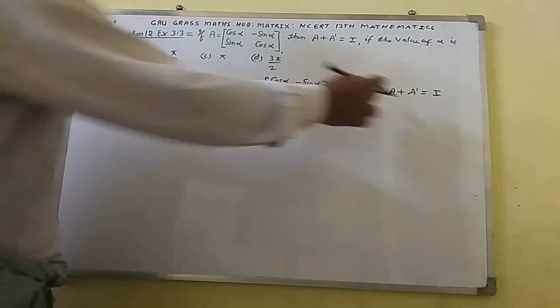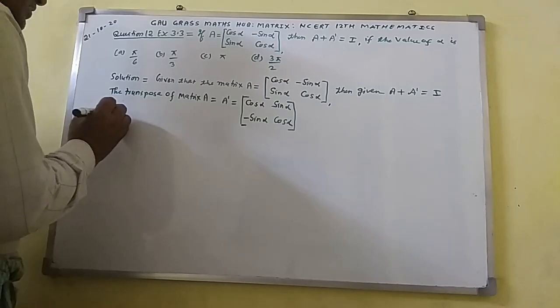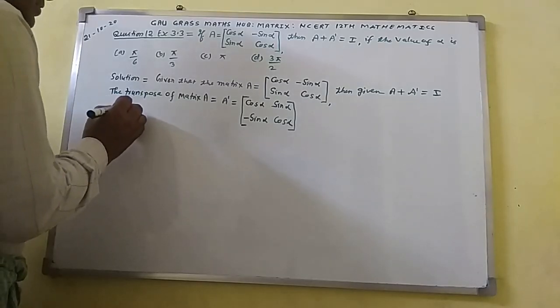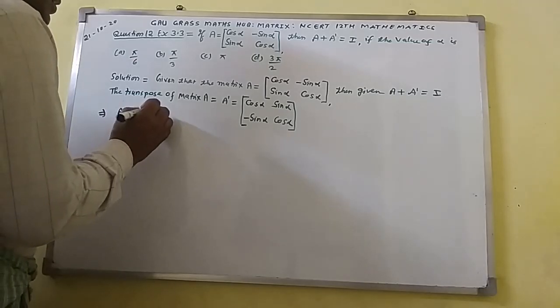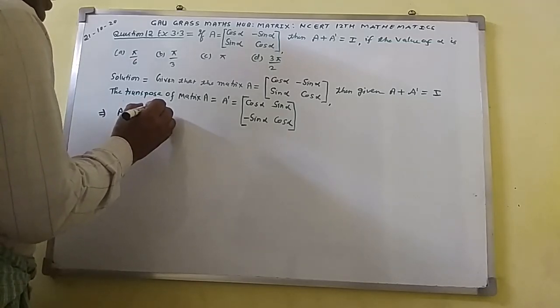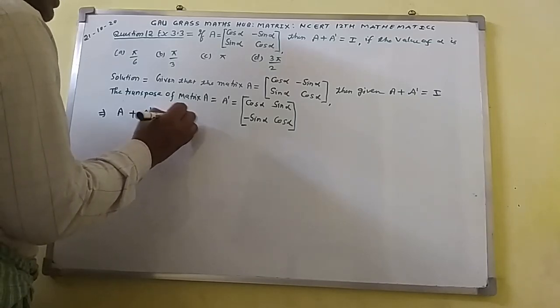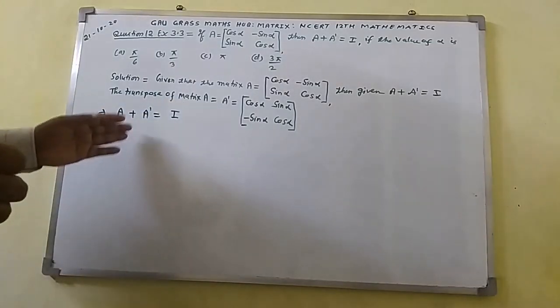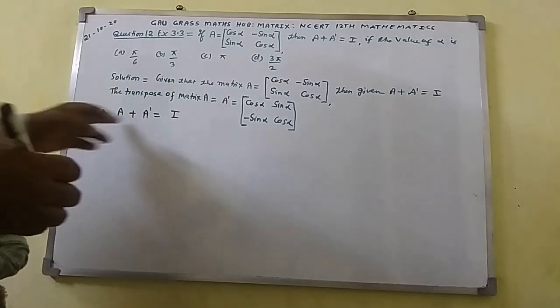Now I shall write this identity. This implies that the given matrix A plus transpose of matrix A equal to identity matrix. Now I shall put the values of the terms in the given identity.